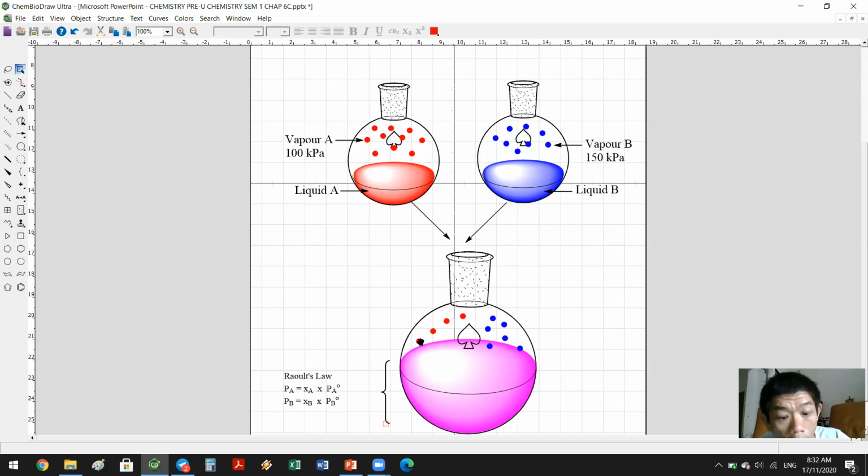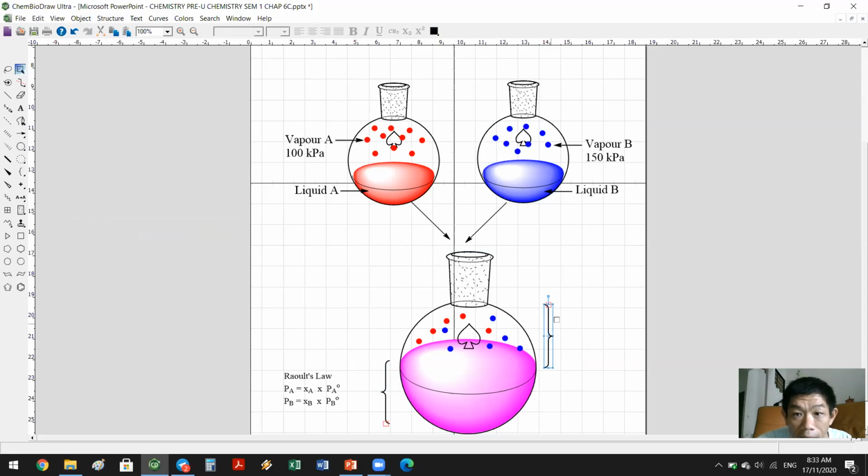Because even under equal mole, since B has a higher vapor pressure, B is easier to vaporize compared to A. Therefore, you shall have more vapor B compared to vapor A, even though their mole is the same. So that is what we mean in here.